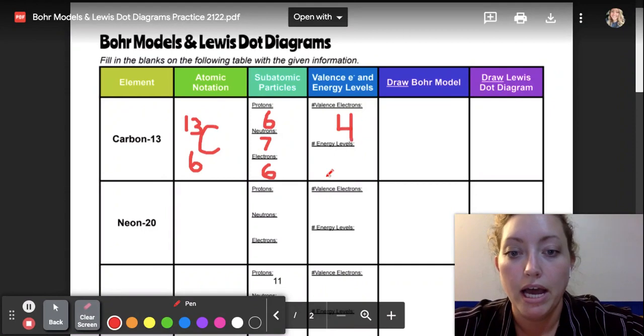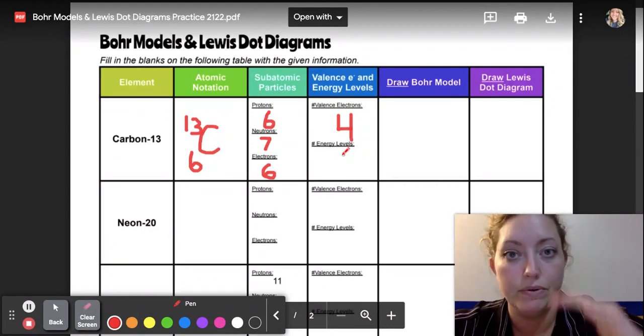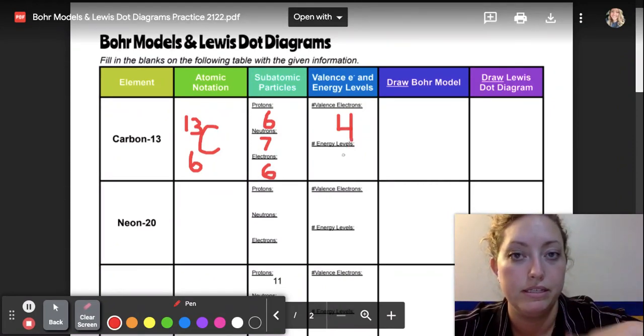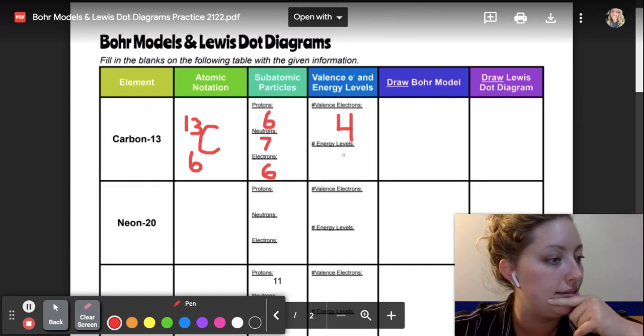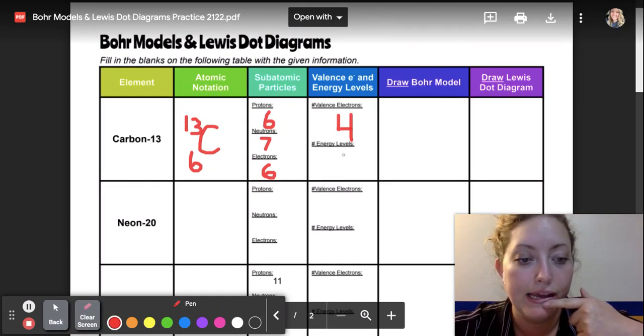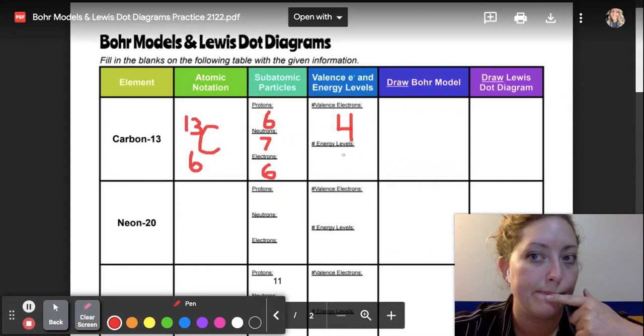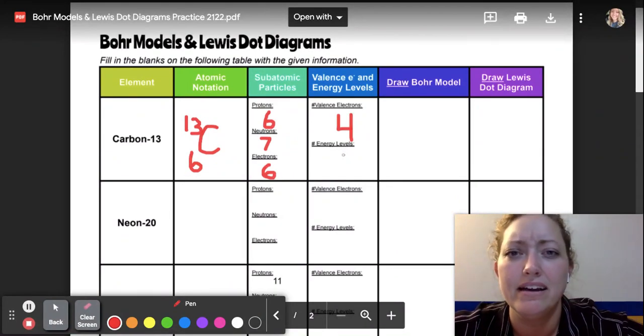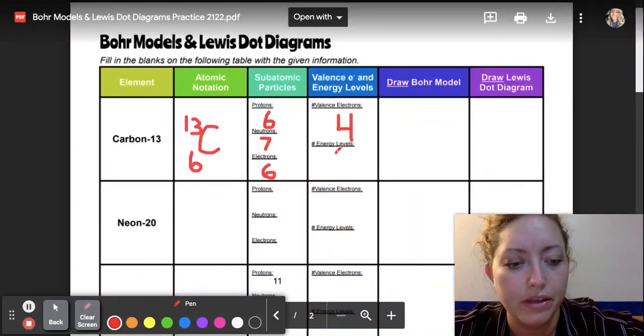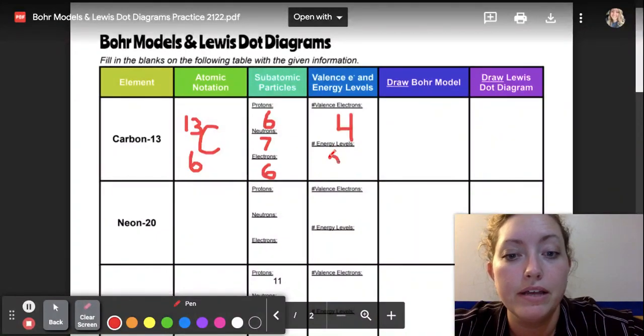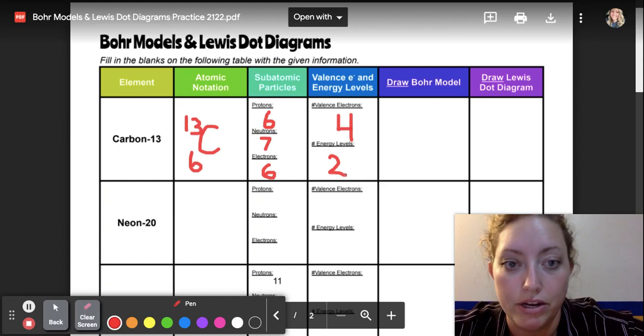It's kind of cool. Energy levels has to do with what period it's in. I don't have a periodic table handy. It's in the second, duh, because it only has 6 electrons. Never mind. So it is in the second energy level.